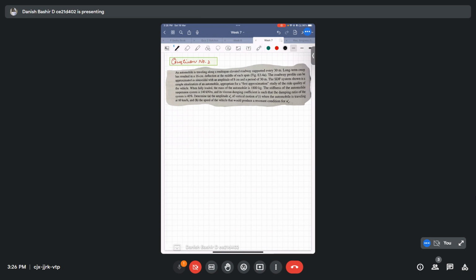Okay. So we are having an elevated roadway like this one.